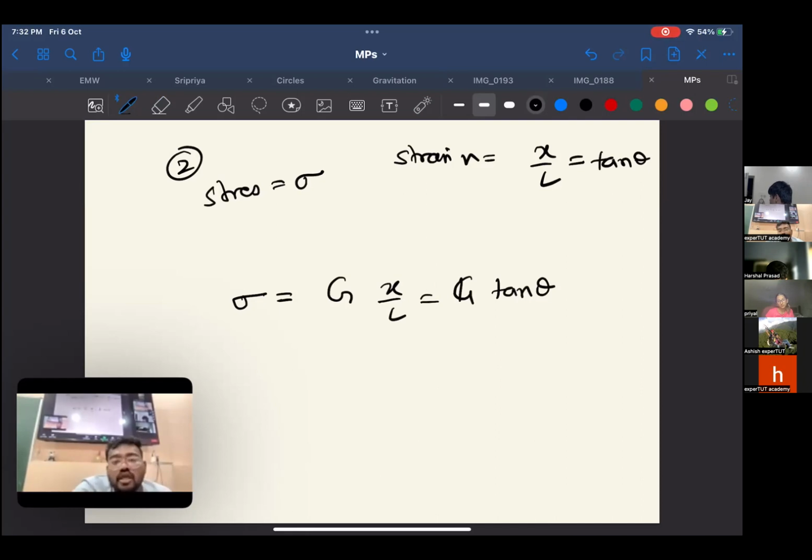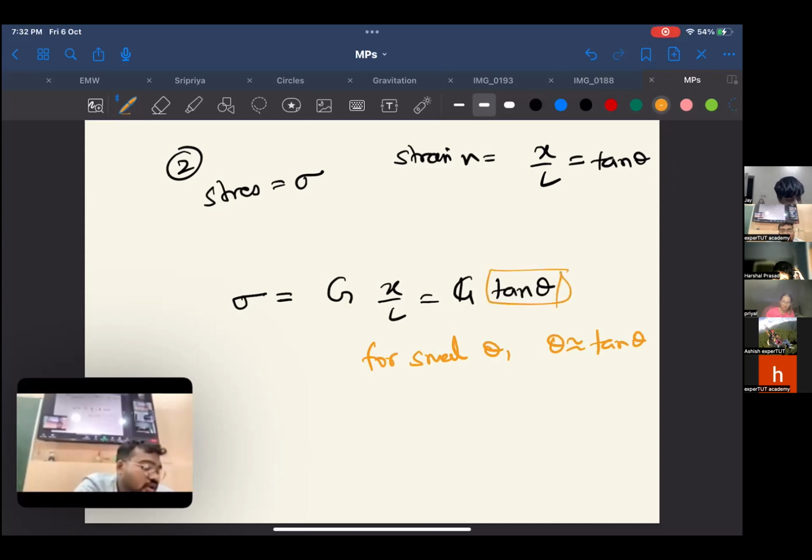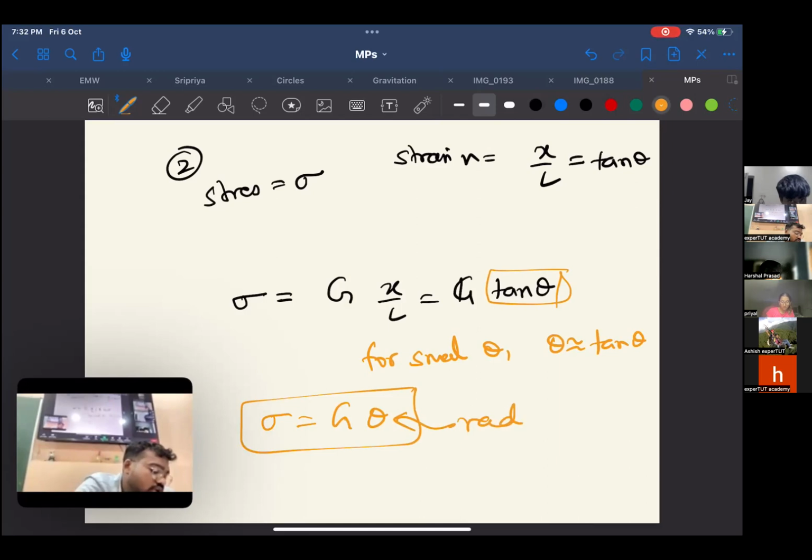Look, for small angles, because this deformation is very less, the x is very less, so the theta is also very less. Do you understand? For small angles, theta is approximately equal to tan theta. So you can replace this tan theta by just theta. So you get sigma is equal to G theta. And this theta should be in radians, write this down.